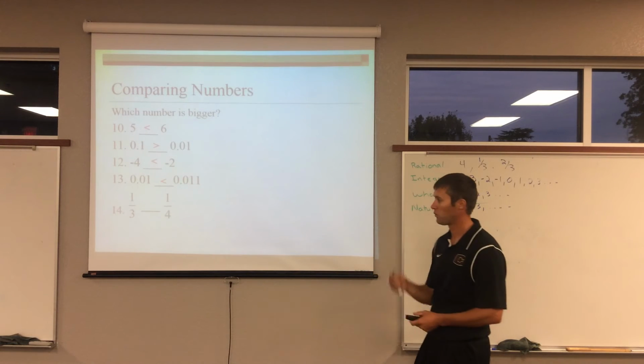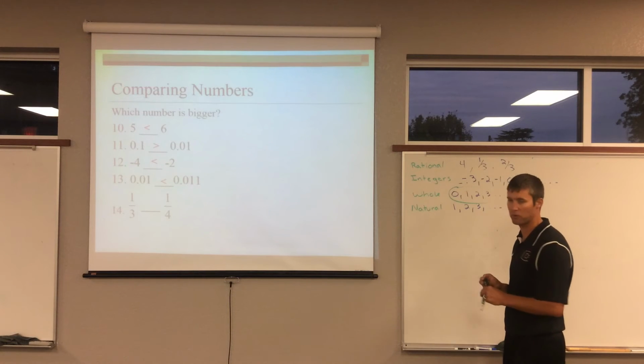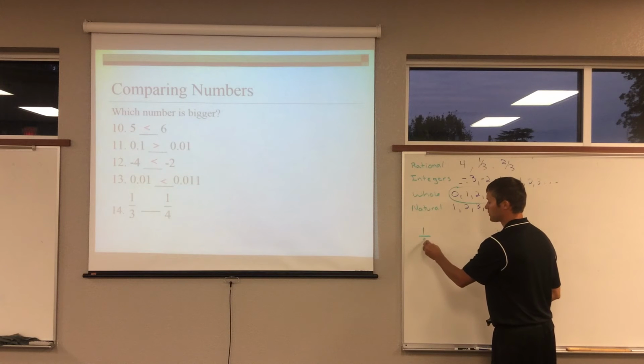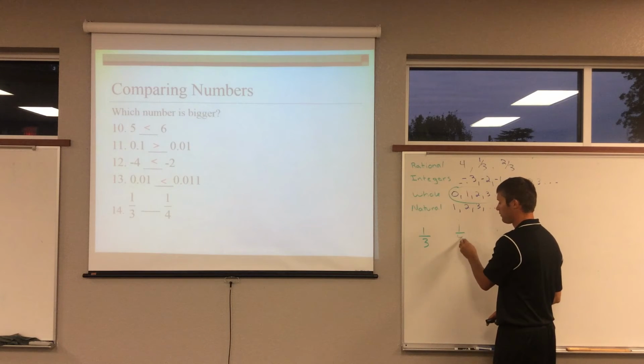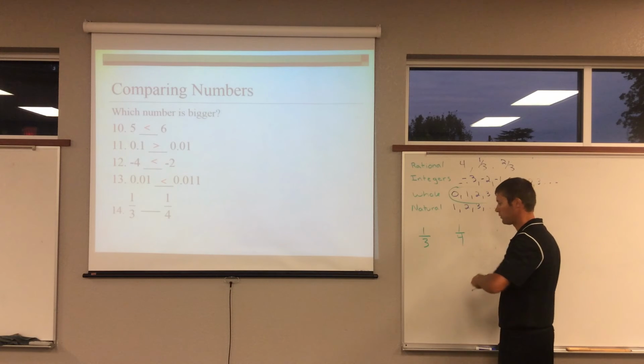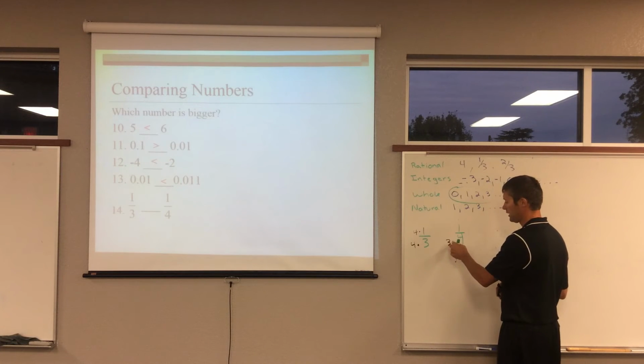And then 1/3 or 1/4. Well, you could rewrite this as a decimal if you know the decimal, or we need a common denominator. So 1/3 and 1/4. For the common denominator, we have to multiply. I'd multiply this by 4, multiply this by 3.